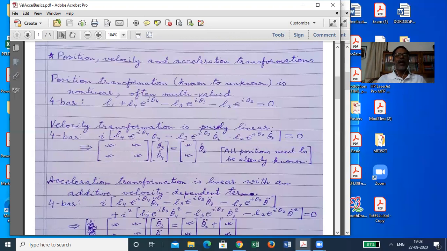I square L4 e to the power I theta 4, here it's here, I square into L4 e to the power I theta 4 into theta 4 dot was already there, and when you differentiate this with respect to time, then from there another theta 4 dot is appearing.